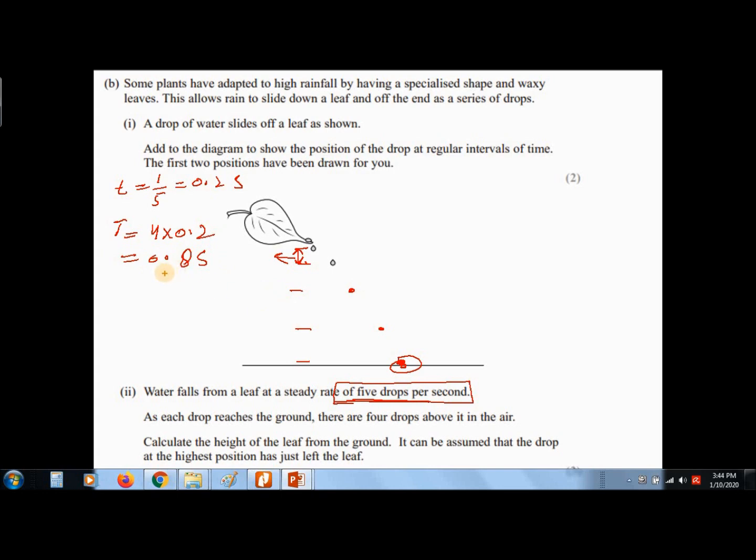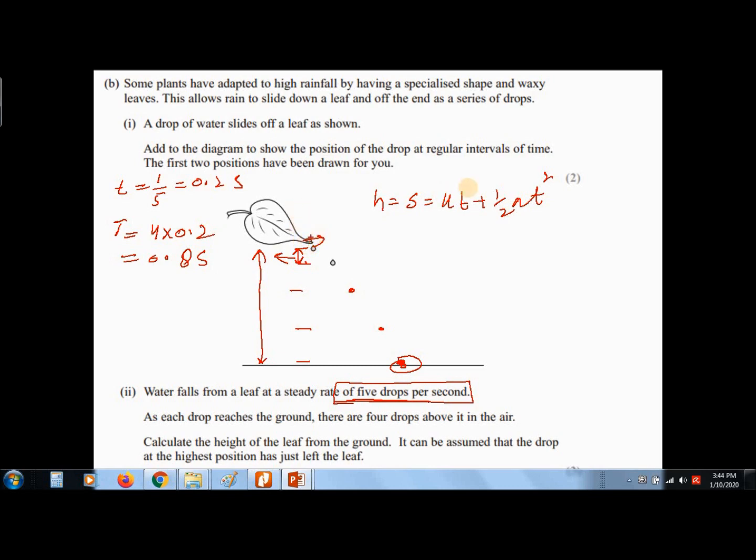Now we have a time, so we can figure out the vertical height traveled. And as this is vertical motion, we are going to use S is equal to ut plus half at square, where S is the height and u is the initial vertical velocity. In this case, the water droplet is moving only horizontally.